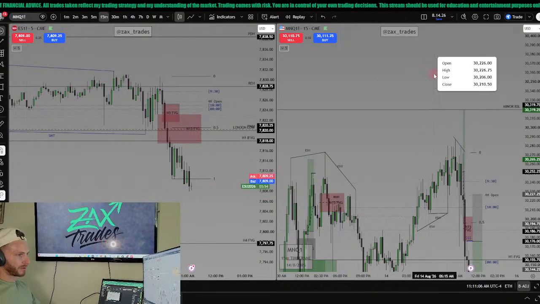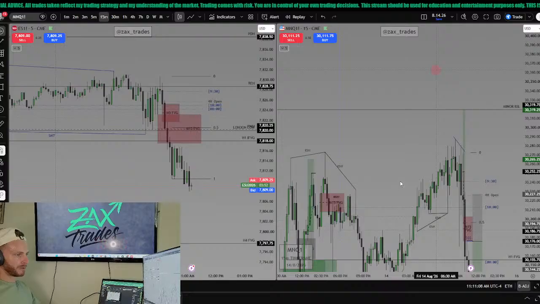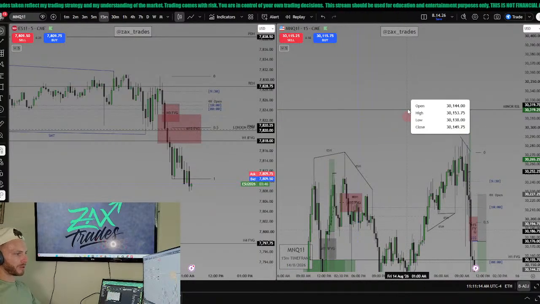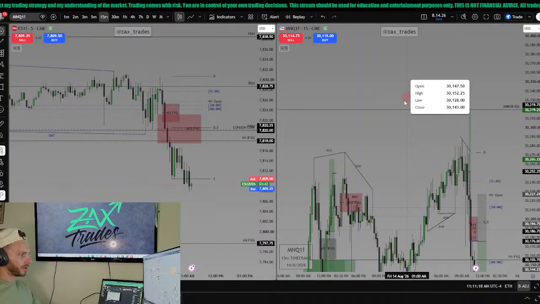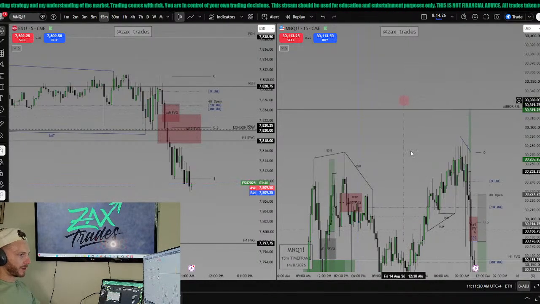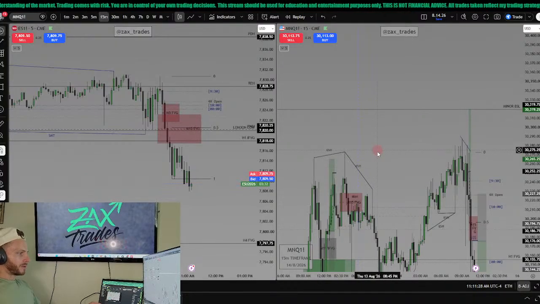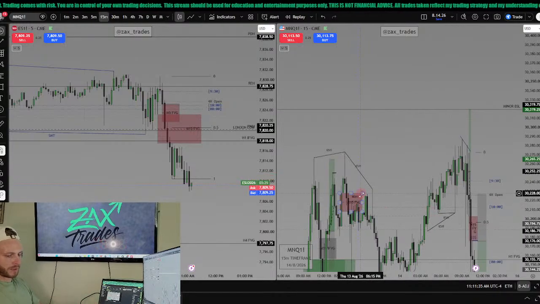Just a massive wick to the downside, then a really bullish closing hourly candle. Had the S&P on the 4 hour chart at previous day high, but with that close, I was just assuming that would be invalidated and ES would eventually go take its previous day high.